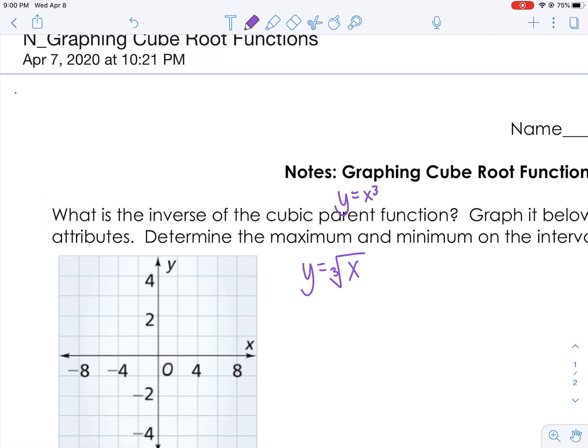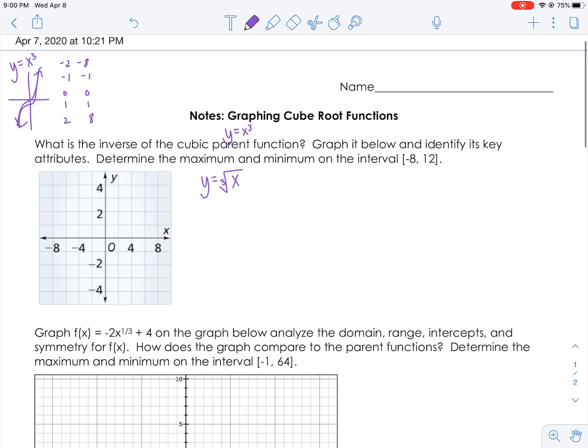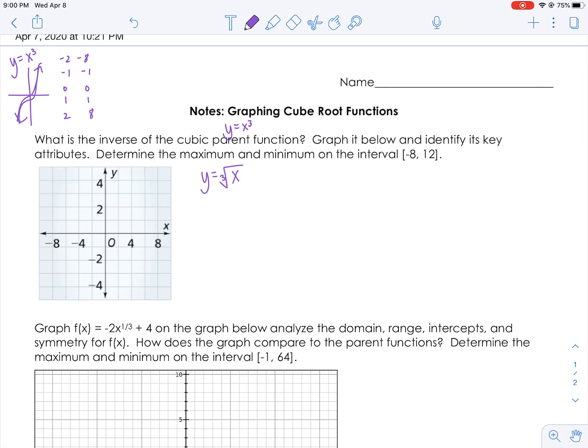So if you remember from the other day, the cubic parent function was y equals x cubed, and it was like this. And it was -2, -8, -1, -1, 0, 0, 1, 1, 2, 8. Well, now we're doing the opposite. So it's not going to go down, up. It's actually going to go left, right.